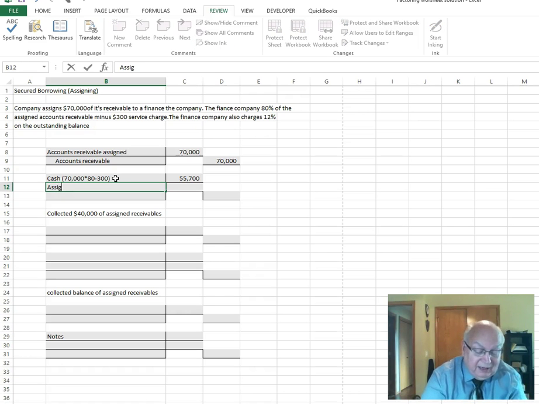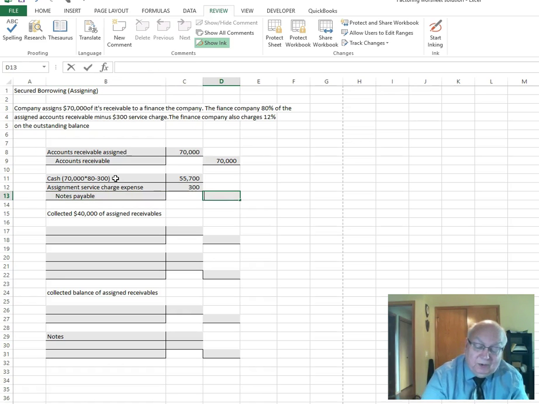Then we have the assignment service charge expense, and that's simply $300. And then over here will be the actual note, so notes payable, and that will be equal to the 70,000 times the 0.8, or $56,000.